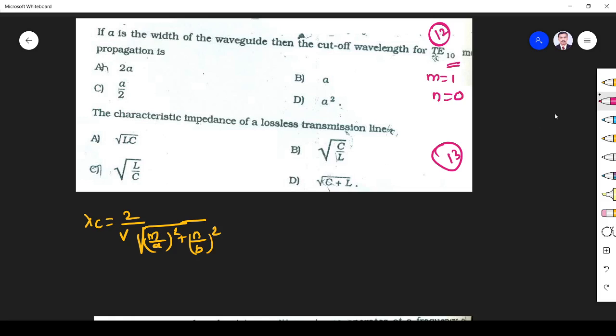And substitute all the values. So 2 by root of, b is not there, so 1 by a squared, n is 0, so that will give 2a. So option A.